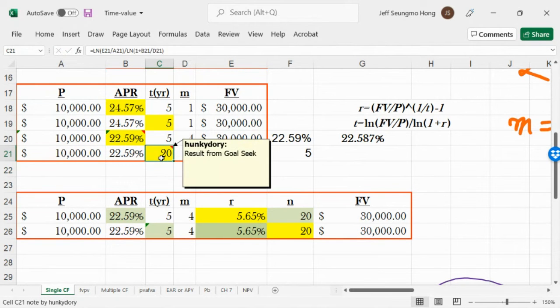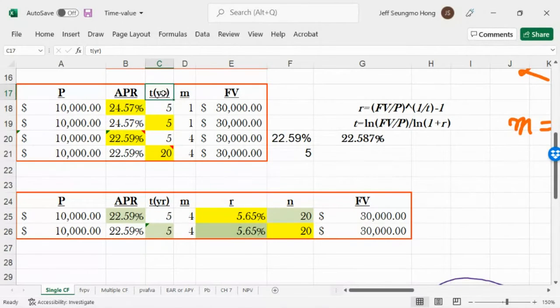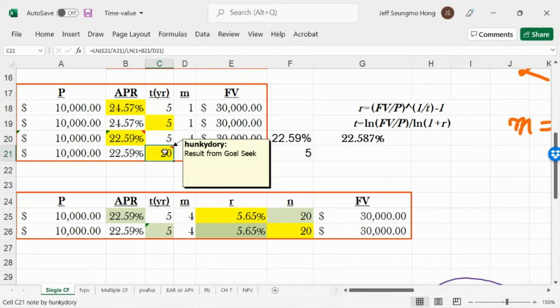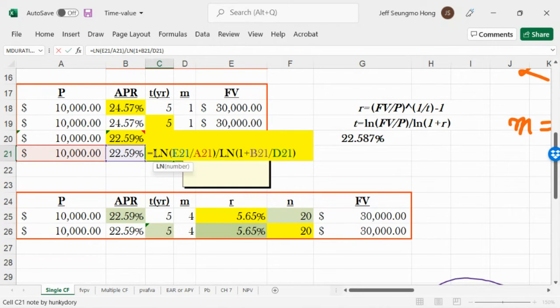If you just stop here, then you're wrong. Why? Because the problem was, look, what is the label saying? Time in years. If you leave it like this, you're saying it's going to take 20 years. So we need to make an adjustment.